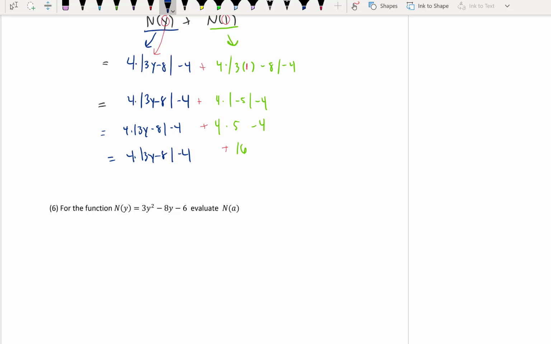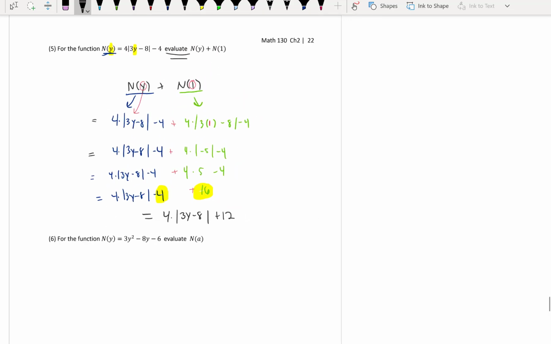So now that I have that 16, what I can do is combine that negative 4 and that 16. So I'm going to have 4 times the absolute value of 3y minus 8, and negative 4 plus 16 gives me a positive 12. So now I know that my equation is going to be equal to 4 times the absolute value of 3y minus 8, plus 12. That is going to be my final answer to n of y plus n of 1.